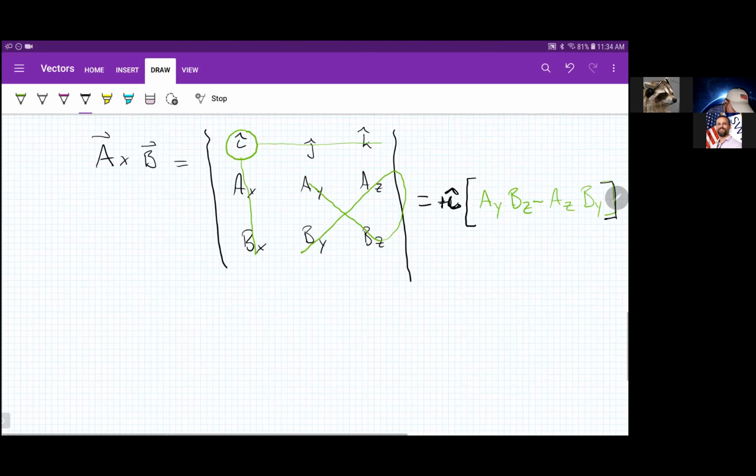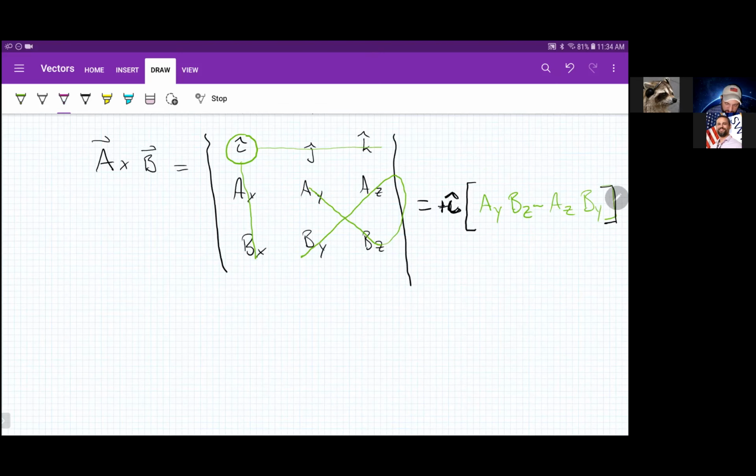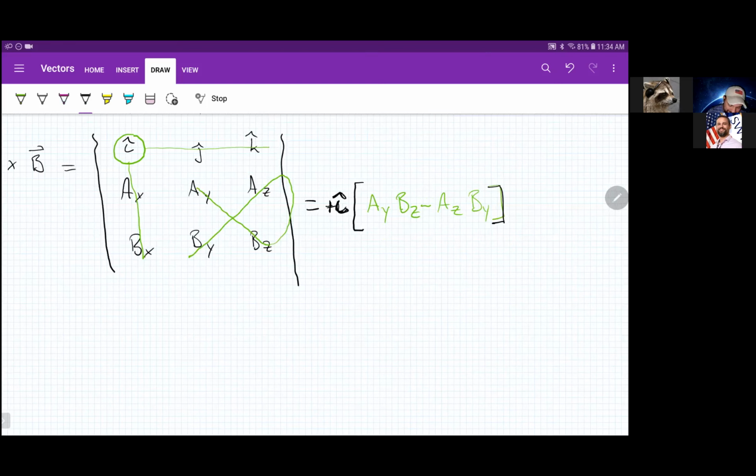For the J hat, so now I'm doing J hat, it's going to be a minus J hat. So I'm ignoring everything in that row and column. I'm only going to consider these four now, and we do the same loop.